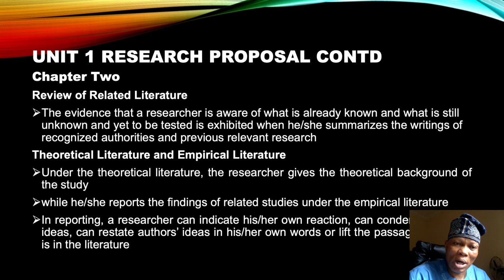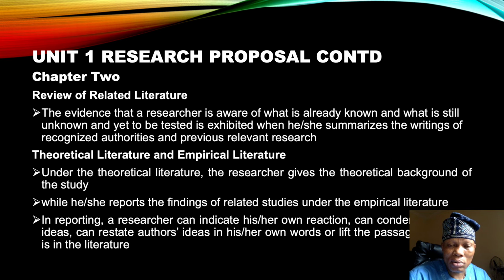And while you are doing that, you do it in two ways. We have what is called theoretical review and the empirical review. Under the theoretical literature, the researcher gives the theoretical background of the study, while he or she reports the findings of related study under the empirical literature.